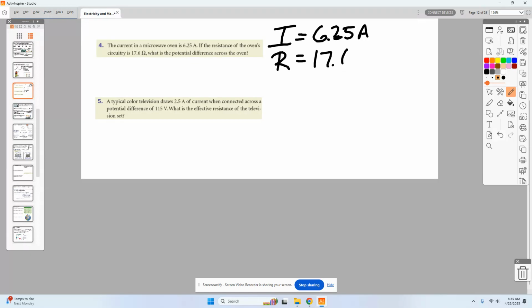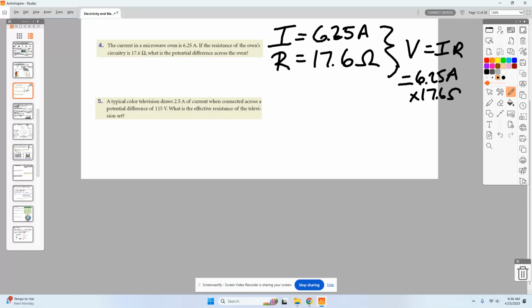If I want to calculate the potential difference, I would use V is equal to the product of I times R. I multiply those two numbers together, 6 1/4 amps multiplied by 17.6 ohms, and that gives me a voltage of, since it's plugged into household voltage, it should be close to about 110, 120.